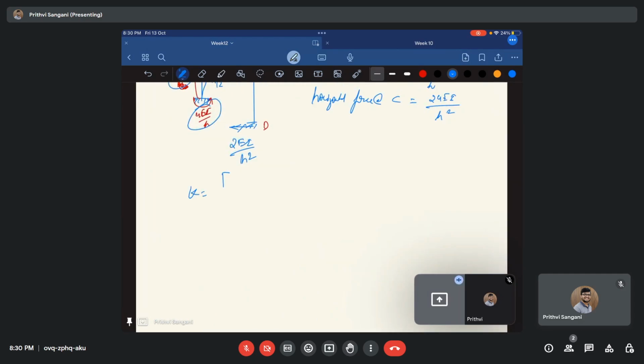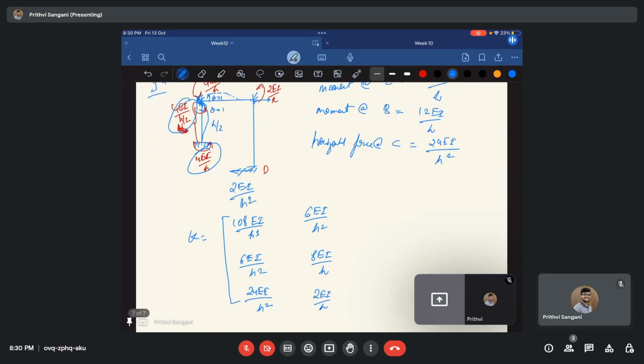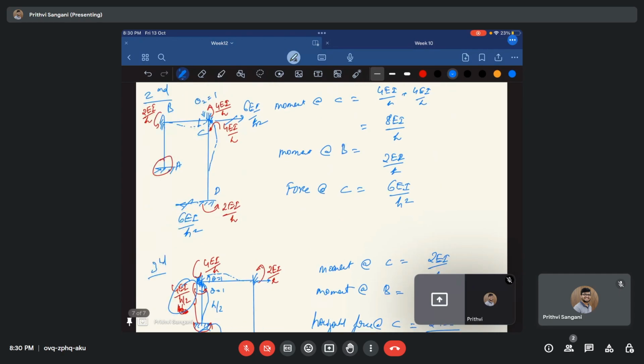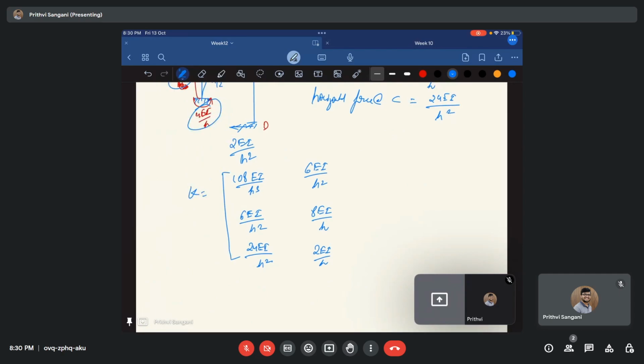So the stiffness matrix will be 108 EI by H cube, 6 EI by H square, 24 EI by H square, 6 EI by H square, 8 EI by H, 2 EI by H, 24 EI by H square, 2 EI by H, 12 EI by H. So this is the stiffness matrix.